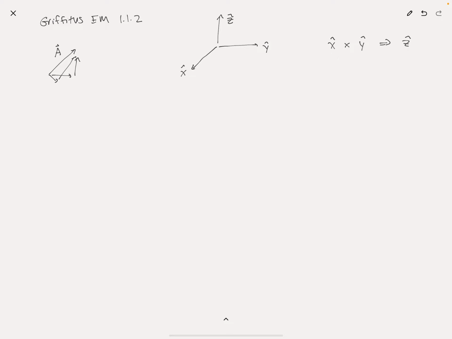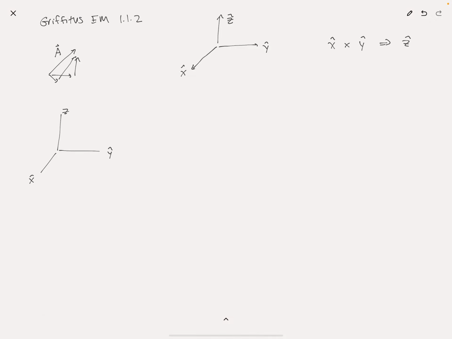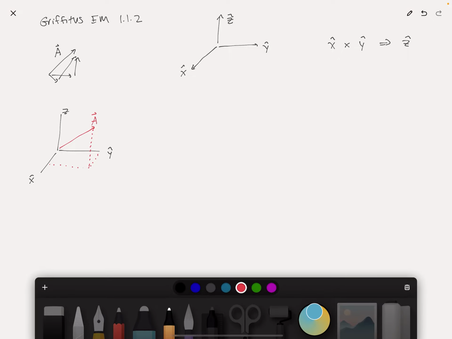All right, so if I have a Cartesian coordinate system, x hat, y hat, z hat, and I have some vector that exists in space, I can decompose that vector into the components that are in each of these Cartesian directions.